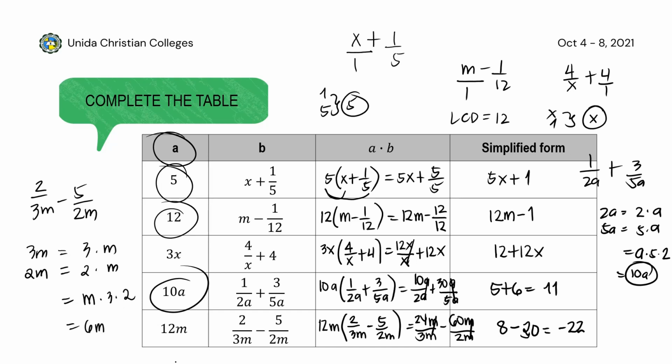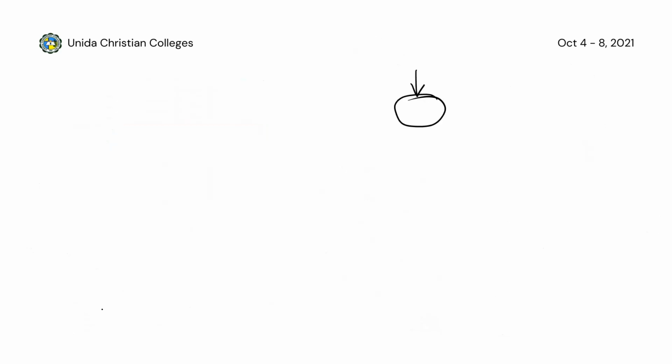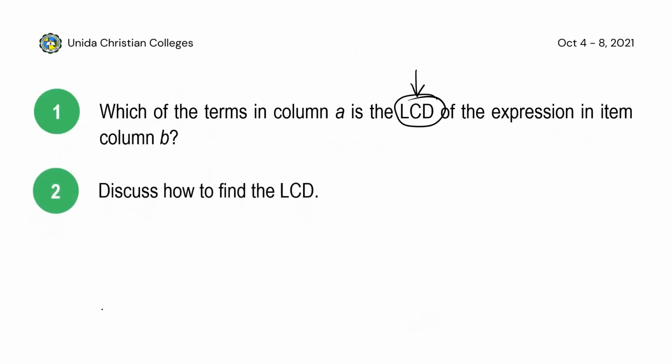So, therefore, ang ating LCD for our given expression is 6m po. So, among those in the table, no, si row 1, 2, and 4, yung present na merong LCD from our column B po. So, let's proceed with our second question.